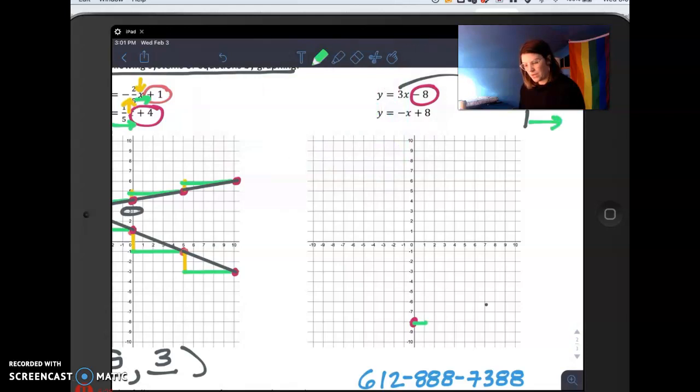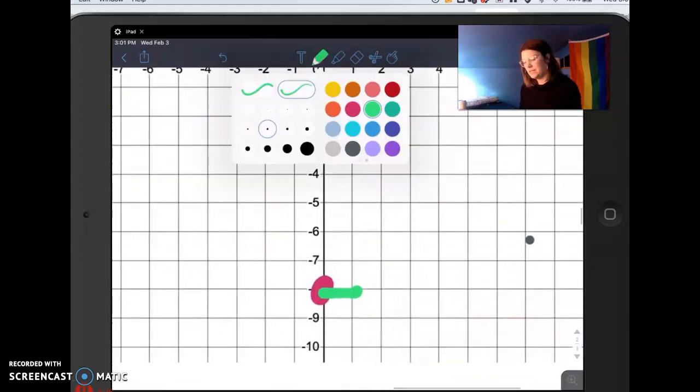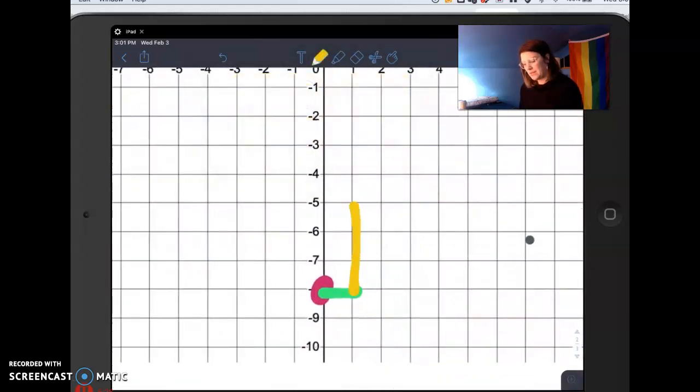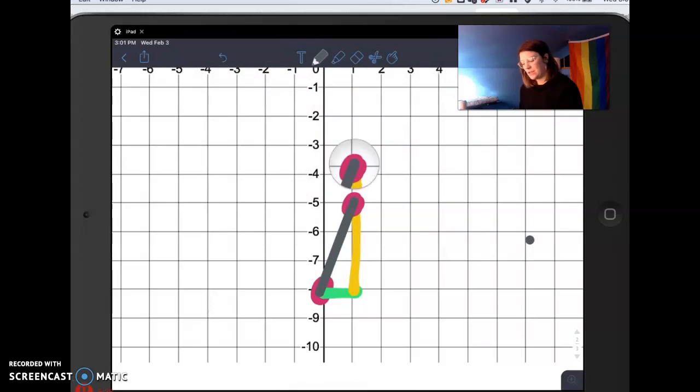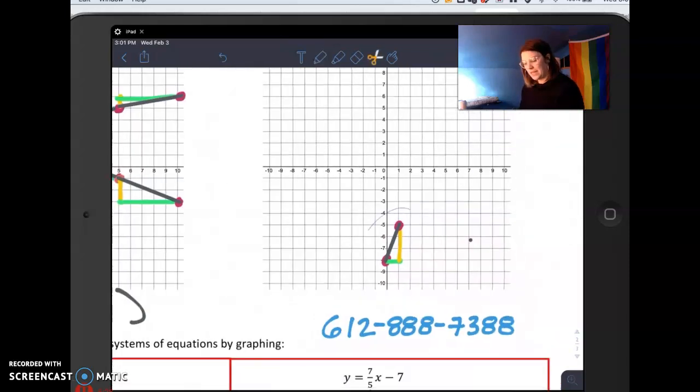And the reason why we can do that is because any number is the same number over 1. So it makes us a slope triangle that looks like this. Over 1, up 3. And then we can copy and paste that pattern to create our line.